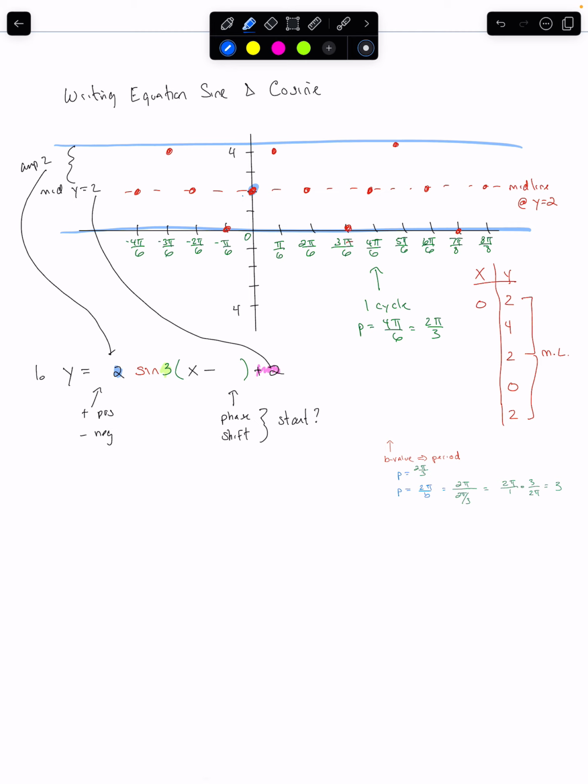Well, if I start at 0, then my phase shift is 0. And the first thing I'm doing when I start drawing my graph, so one more time, the first thing I'm doing to connect dots as I start my graph is this piece right here. And the first thing I'm doing is going up in a positive direction. And if I'm going up in a positive direction, then my amplitude is going to be positive.